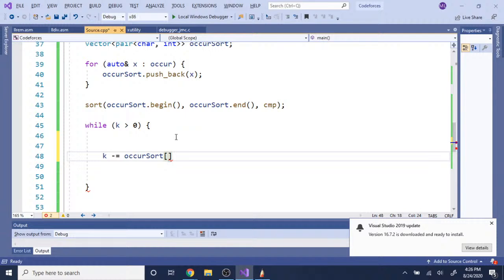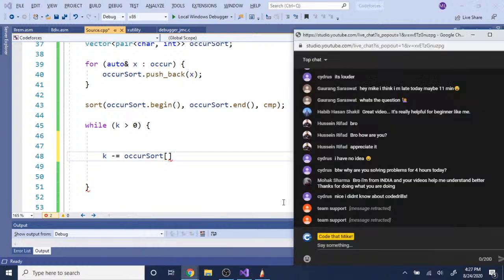Most frequent minus 1. Ten minus 9 gets me 1. 1 minus 1 gets me 0. Ten minus 9.